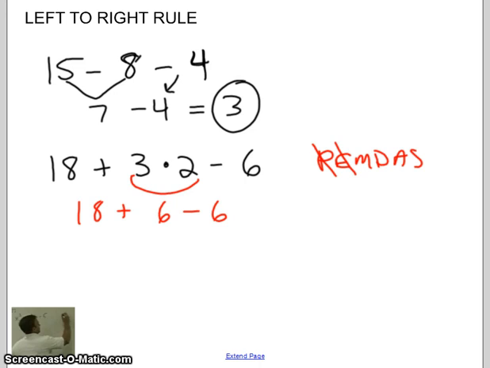And then the next step, we don't have any division, addition and subtraction. This goes together from left to right. So I have to work left to right. 18 plus 6 is 24. And then we're going to minus 6, which is back to 18.